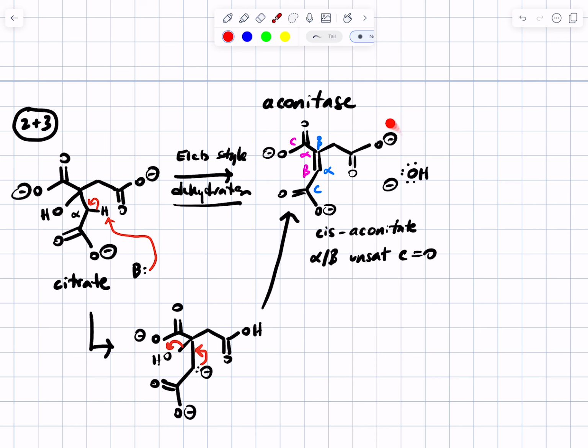If it attacks at the blue beta carbon, that's the backward step to that E1CB style dehydration. That takes us right back to citrate. That happens. The enzyme catalyzes that backward step.